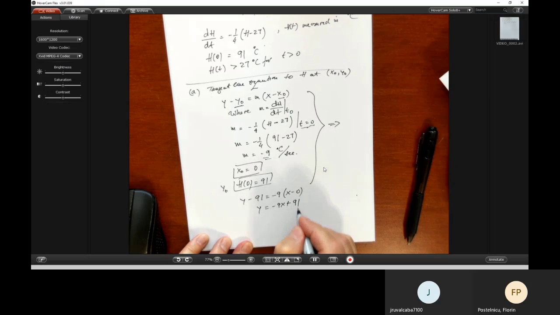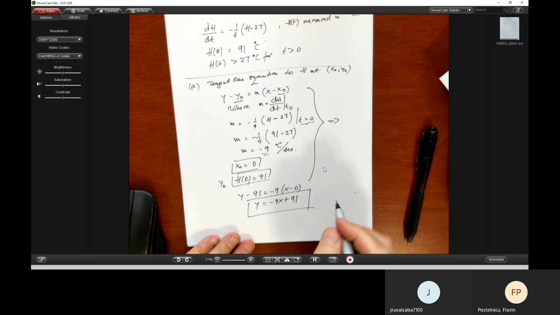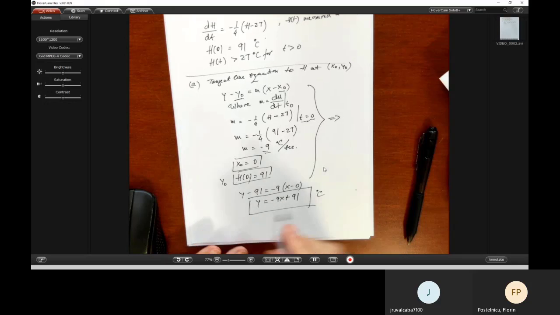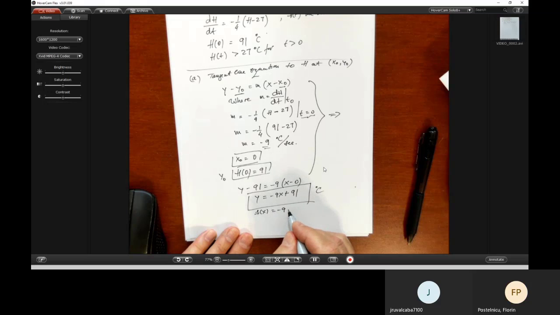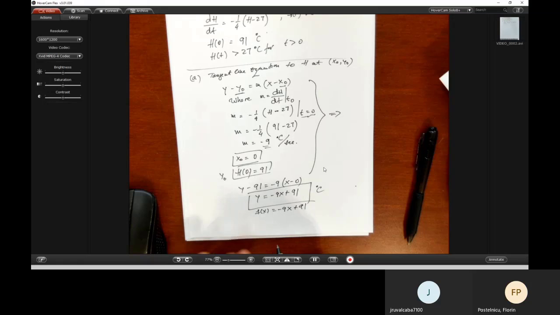Now the second part of the problem is to approximate the solution of h of 3 by using this. That's what they say, use this equation to approximate the internal temperature of the potato at time t equals 3.